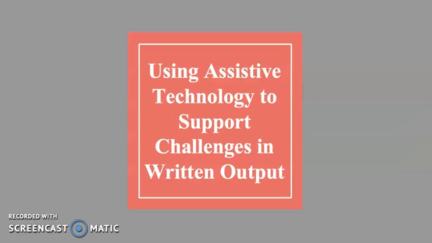Low tech or no tech are things that use very minimal or possibly no technology at all. So that could even be something like a pencil grip or an adaptive pair of scissors. Something that is very easy to obtain or create and supports in a very basic way the functional performance of someone with a disability.